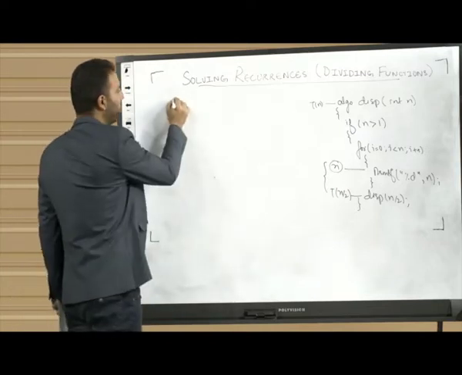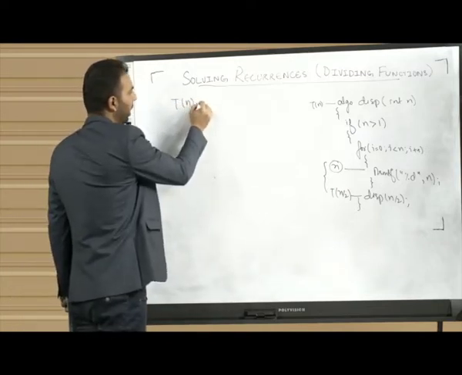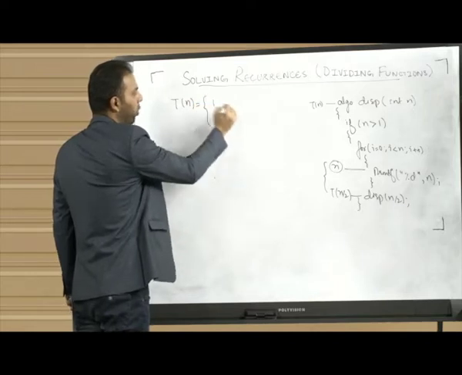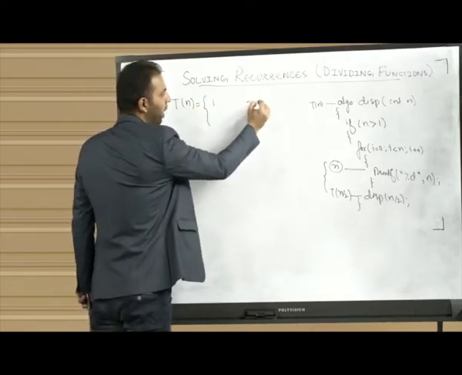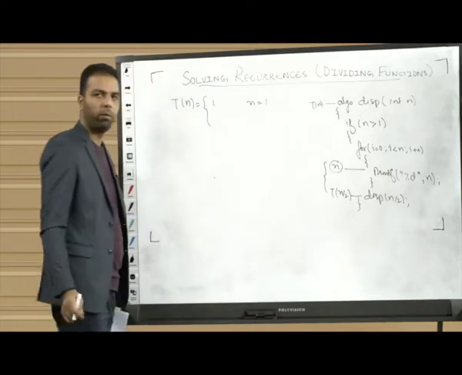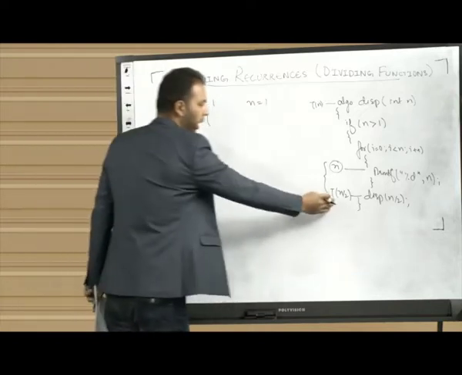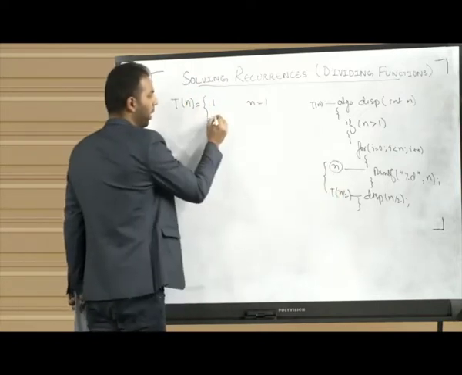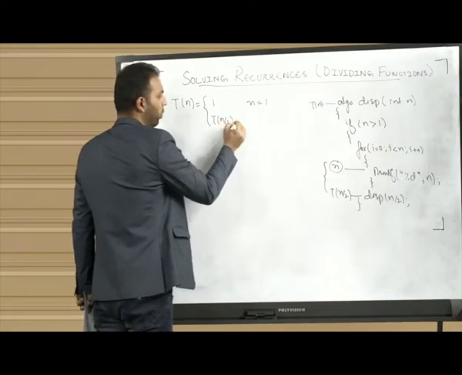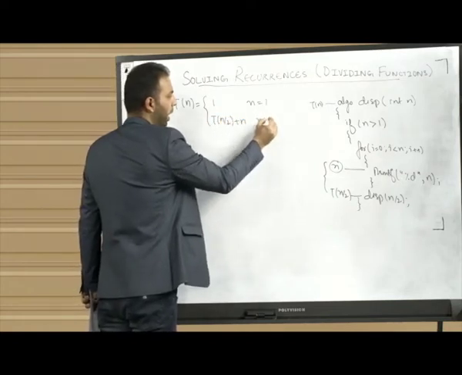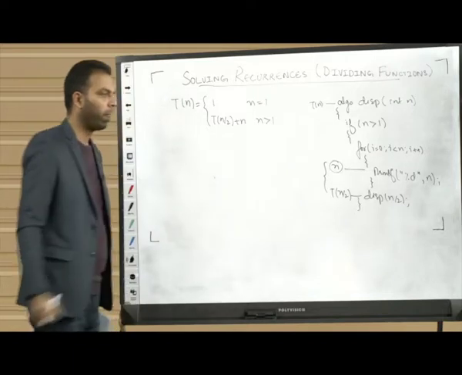So what's the recurrence we have? The recurrence is something like this. It is equal to 1 when n is equal to 1, and it is equal to T of n by 2 plus n when n is greater than 1.